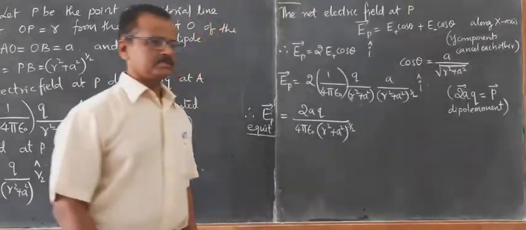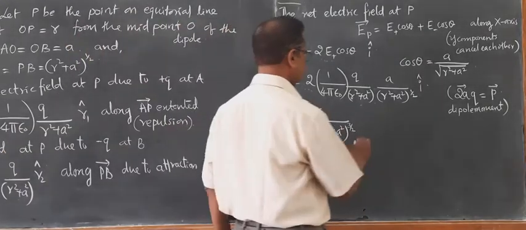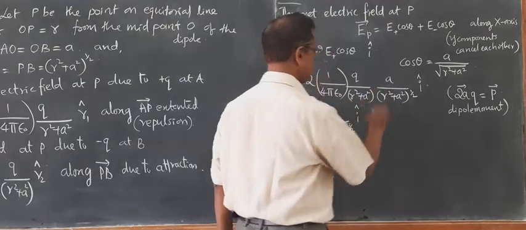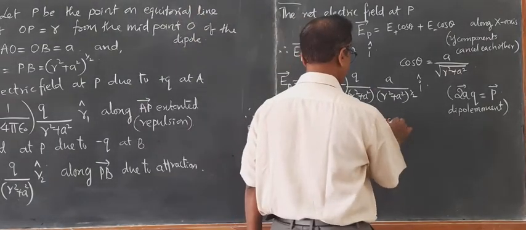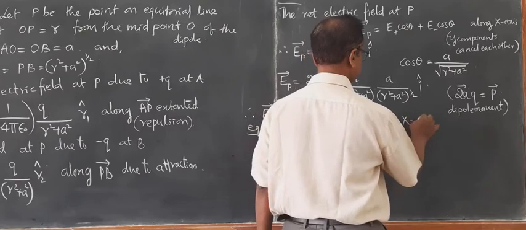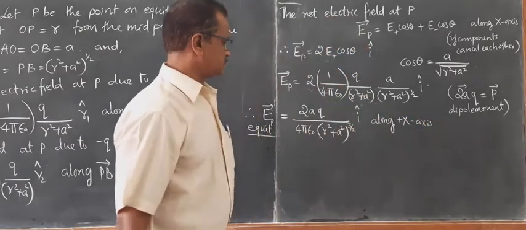So r square plus a square raised to 3 by 2. And then you have to mention the direction I cap. I cap means along the x-axis. In this case, it is along the positive x-axis.